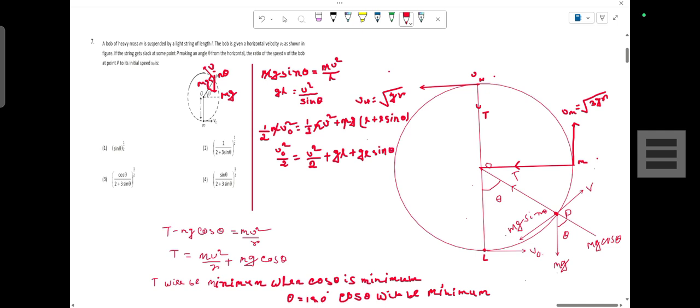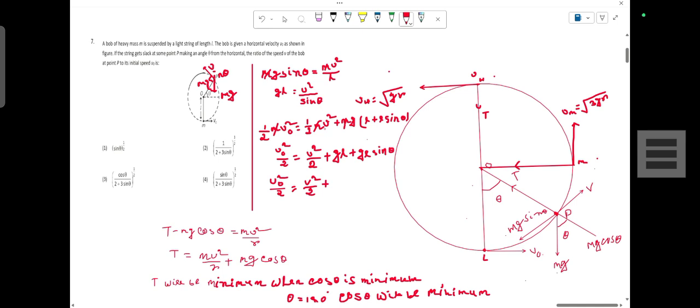Okay, now you can say v naught square by 2 is equal to v square by 2 plus gL, and what is the value of gL?